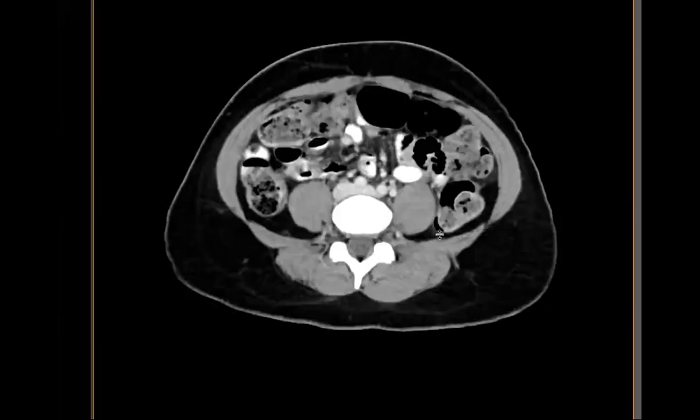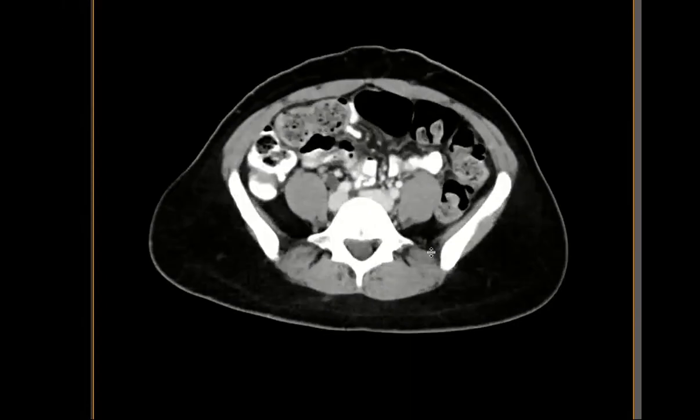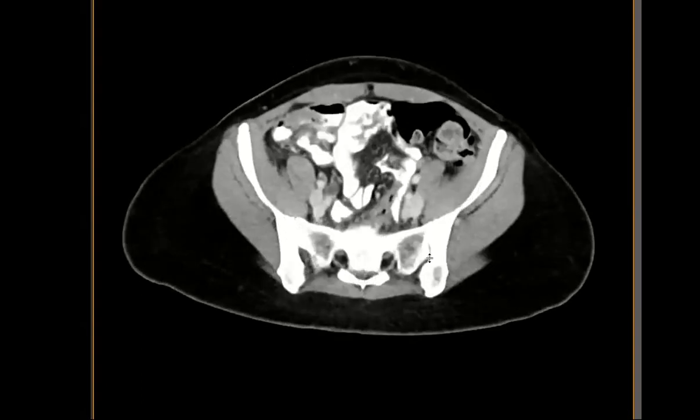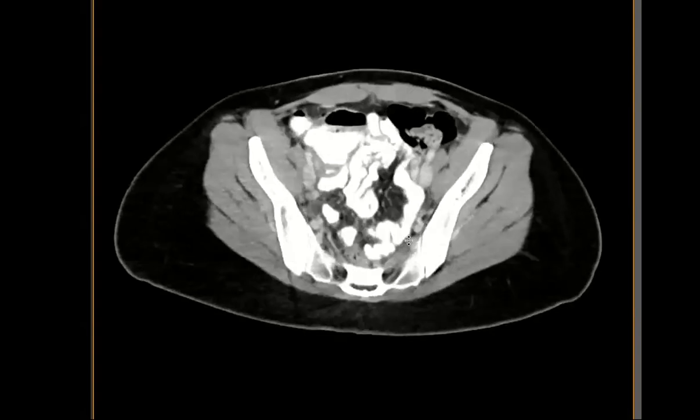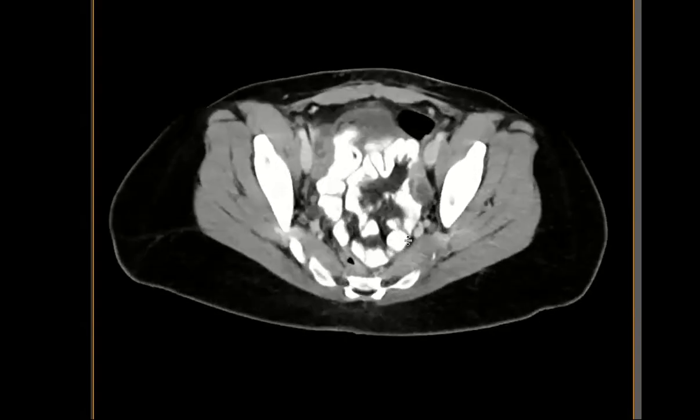Perfect. Okay, excellent. So this is a CT that was part of staging, CT chest, abdomen, pelvis, because the patient was diagnosed outside with vaginal cancer and sent to us as part of staging.